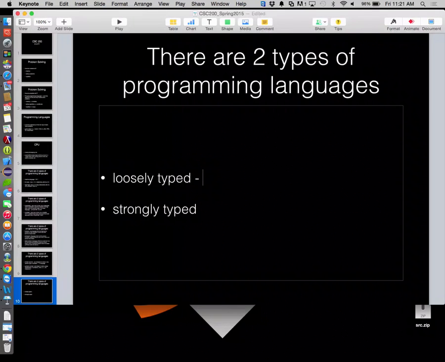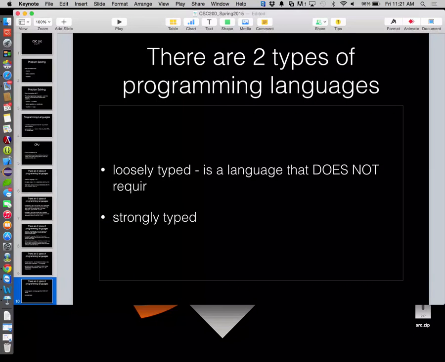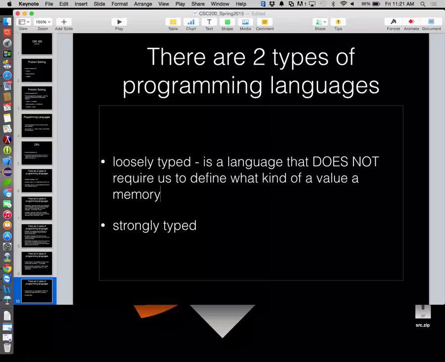So a loosely typed language is a language that does not require us to define what kind of value a memory address will hold.